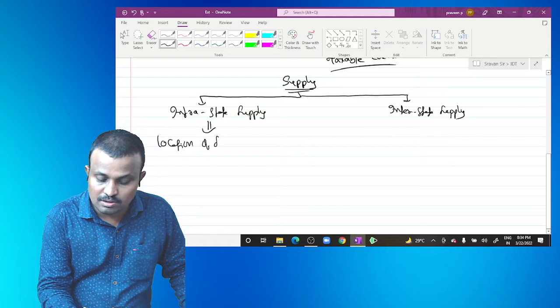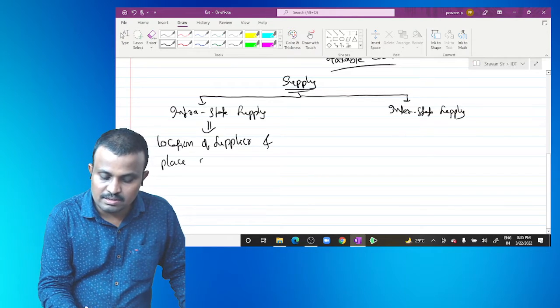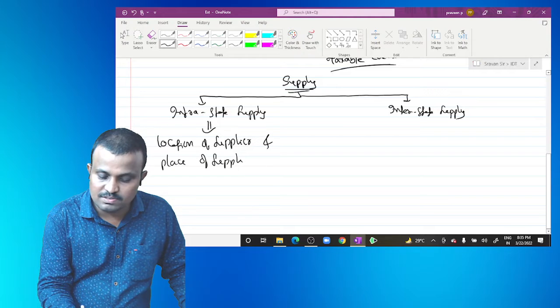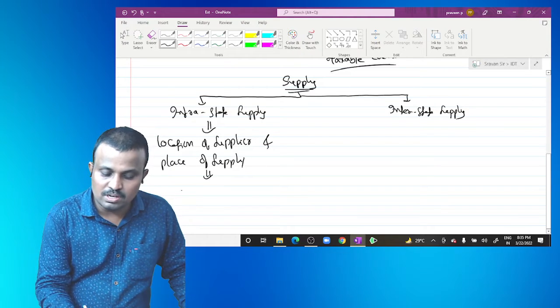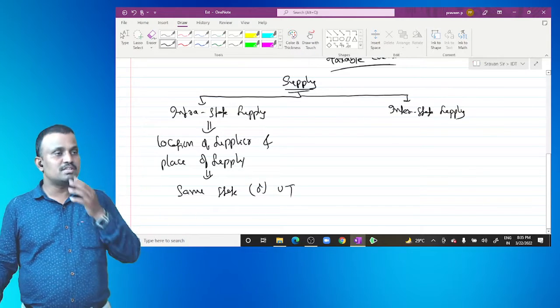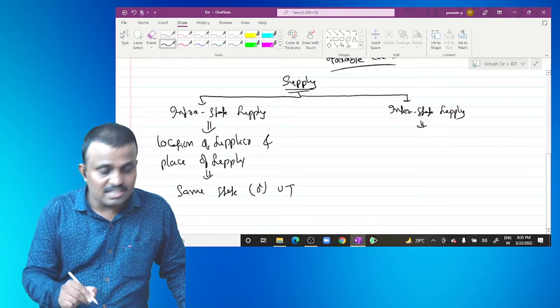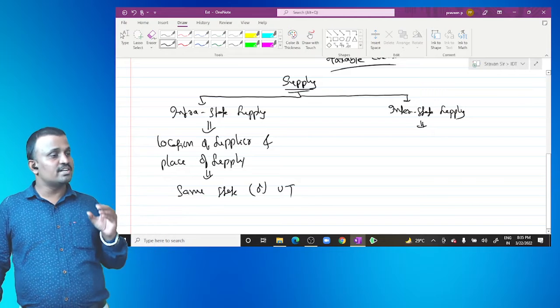If location of the supplier and place of supply both are in the same state or in the same union territory, that is said to be intrastate supply. For example, Mr. A is located in Guntur.